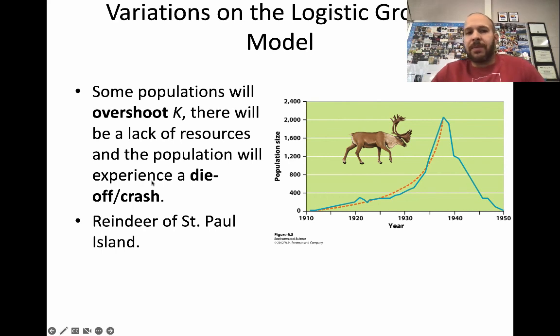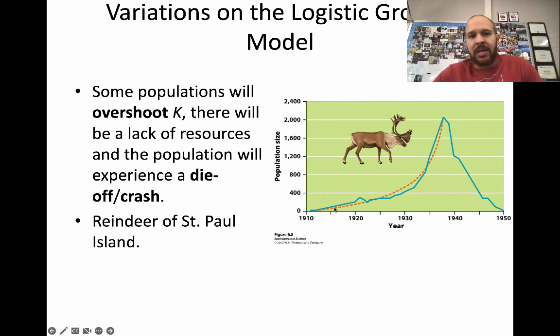So here's an example of a species that does not grow according to that, it has an overshoot of its carrying capacity. This is an example of reindeer that had no predators.